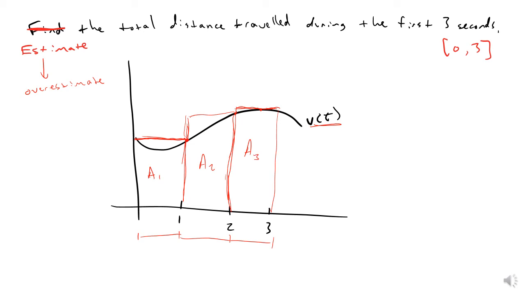So now if I want to overestimate, I pick the highest point on each subinterval, draw my rectangle, and now add up the areas of these rectangles, and I get an overestimate. Okay, and again, we can make this estimate better if we do more rectangles.